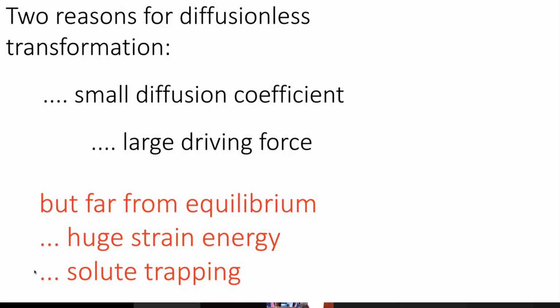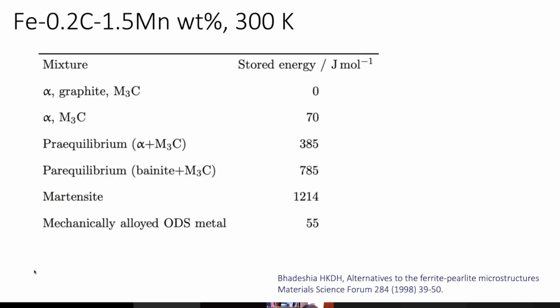So I did some calculations on these quantities for a typical steel, iron, 0.2 carbon, 1.5 manganese, transformed at 300 Kelvin, which is quite a low temperature. My reference state is a mixture of cementite, graphite, and ferrite, and I assign a stored energy because of the deviation from equilibrium to be 0.